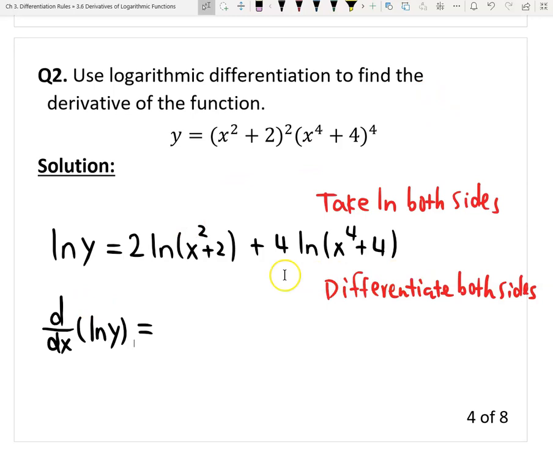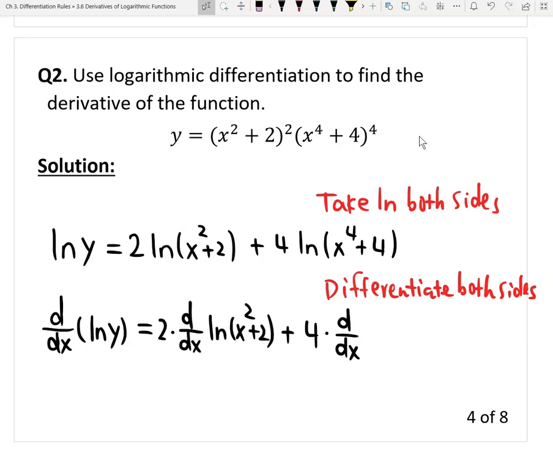We have a linear property of differentiation, so I will get 2 times the derivative of ln(x squared plus 2) and plus 4 times the derivative of the term ln(x to the fourth power plus 4).